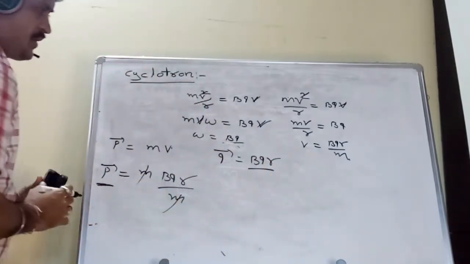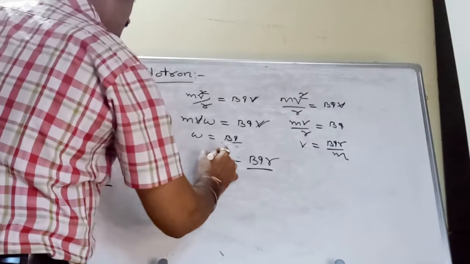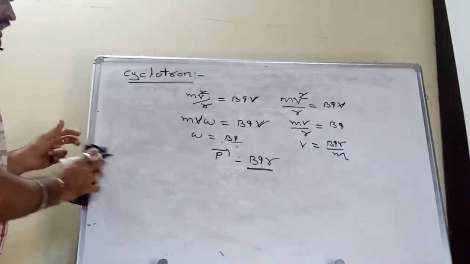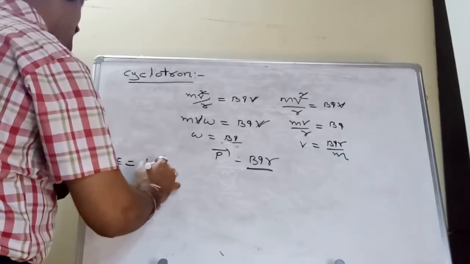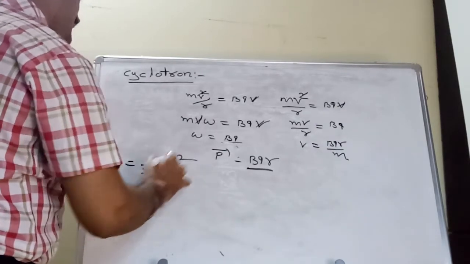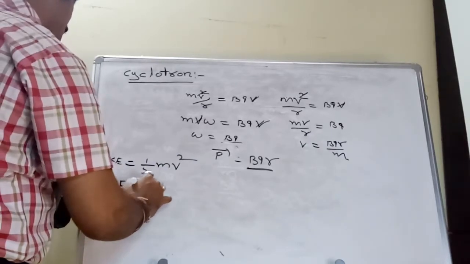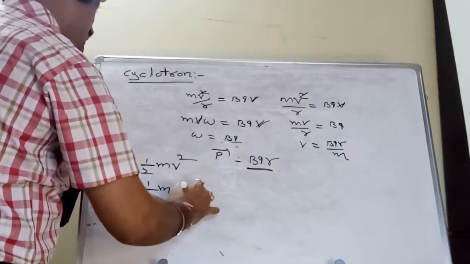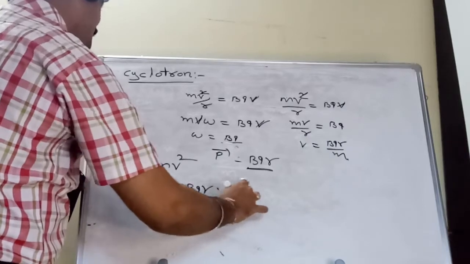So the kinetic energy of the particle. p bar equal to bqr. Kinetic energy of the particle K is equal to half mv square. So K is equal to half m into bqr by m whole square.